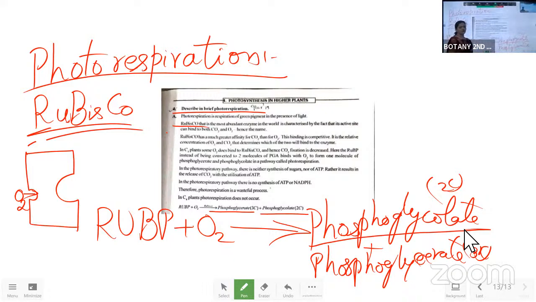That is, it goes into the peroxisomes, mitochondria, and comes back to the chloroplast of the leaf, so that it will go into the different forms and comes back for the regeneration of the ribulose 1,5-bisphosphate from the peroxisomes. Like that, this complete process occurs.